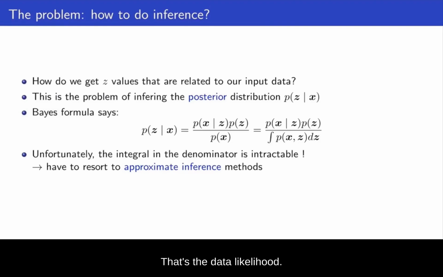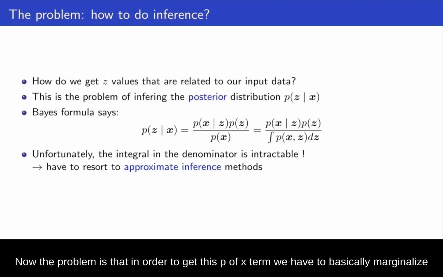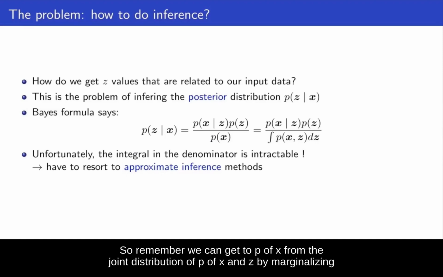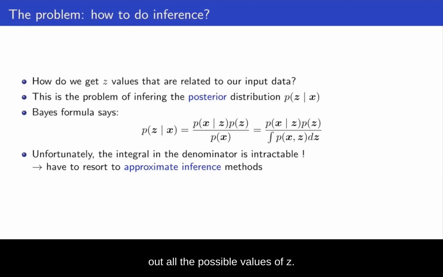Then we still need to divide by P of x. That's the data likelihood. Now the problem is that in order to get this P of x term, we have to basically marginalize out all our latent variables. Remember, we can get to P of x from the joint distribution of P of x and z by marginalizing out all the possible values of z.